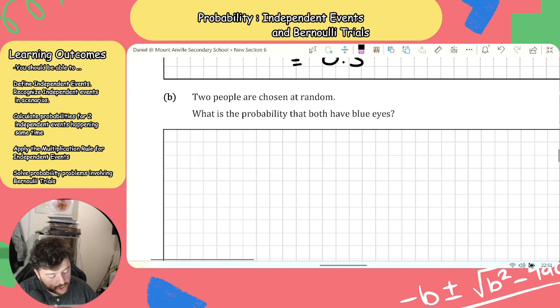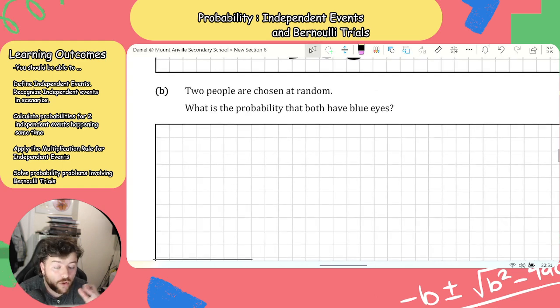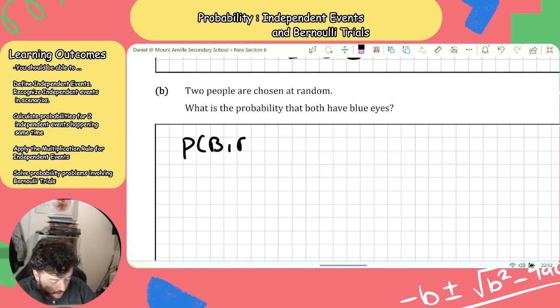So 2 people are chosen at random. What's the probability they both have blue eyes? So I'm looking for blue, blue. These are independent events. Me having lovely ocean blue eyes does not affect the probability of someone walking down the street having blue eyes.